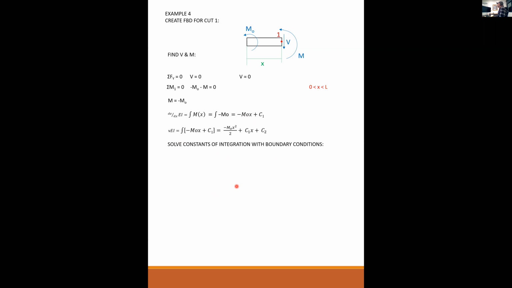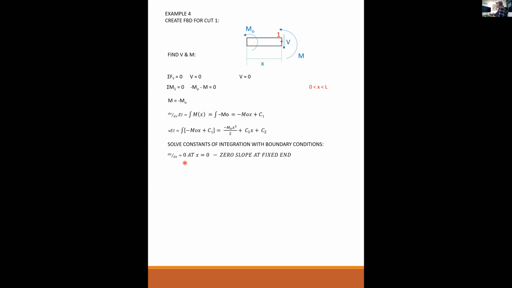Solve for the constants of integration with our boundary conditions. Everybody should know the answer to this one now, because this is exactly the same as we just did. Where on the span do we know something about the slope? At x equal to 0, dv/dx is 0. That is correct.